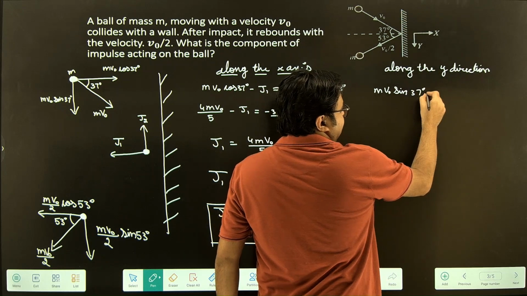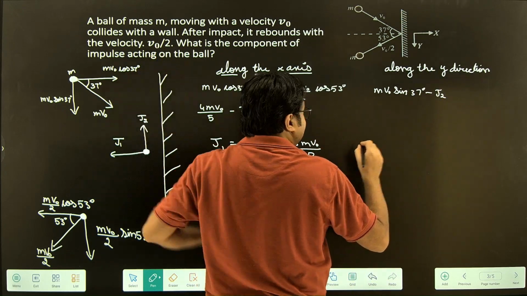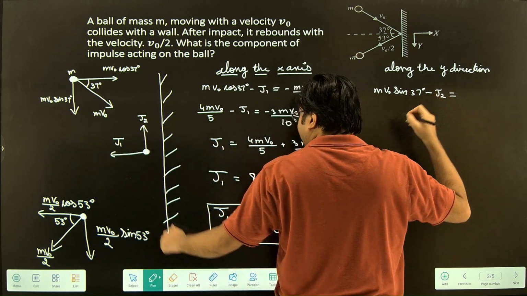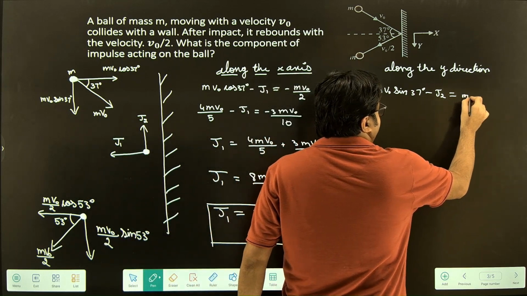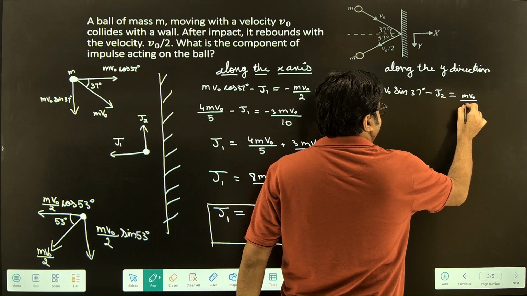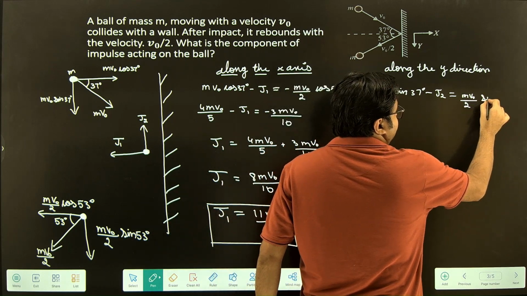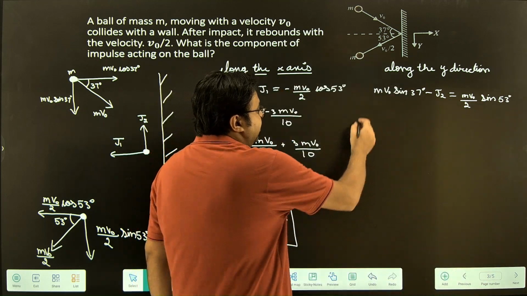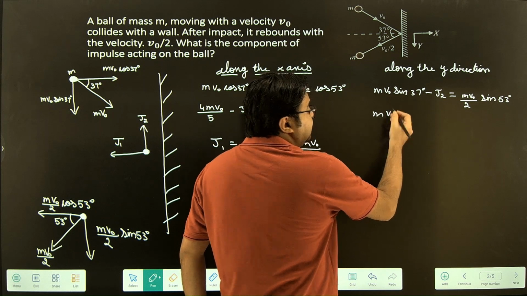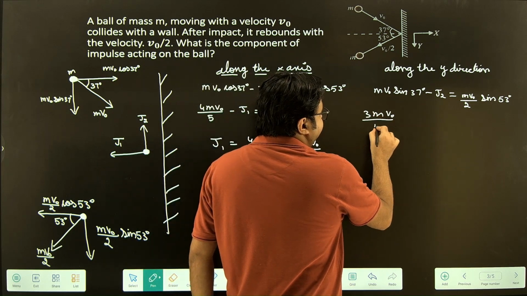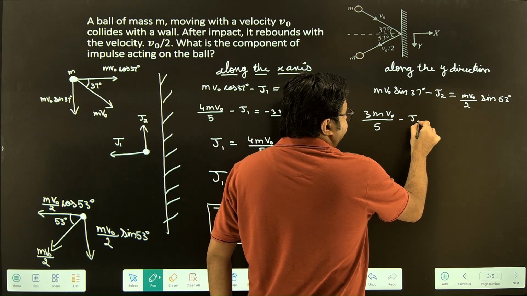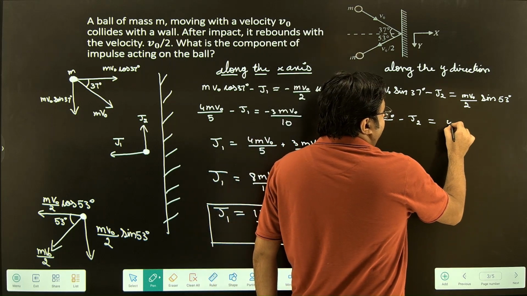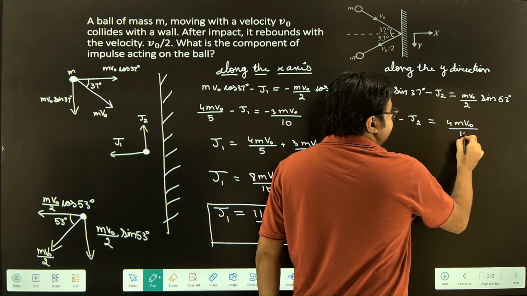So that's negative y, minus J2 I shall write, equal to, now the ball is still going down, so the momentum is still positive, and it is mv naught divided by 2 sine 53 degree. Having said this, we have mv naught sine 37 degree is 3 divided by 5, my dear friends, minus J2 equal to sine 53 is 4 by 5, so we have 4 mv naught divided by 10.